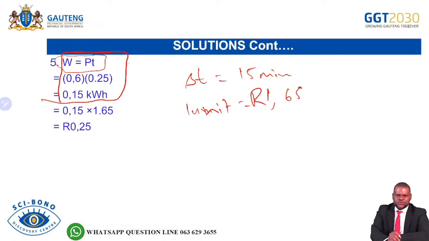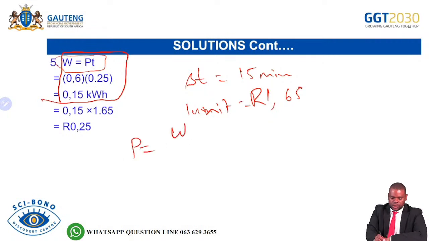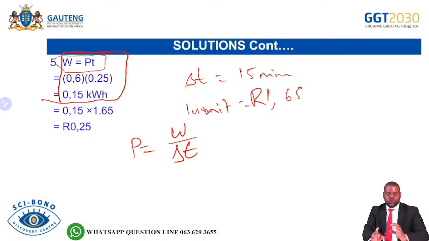Where does this formula come from? I don't prefer writing this formula like this. Are we together, grade 12? I want it as P is equal to W divided by change in T. Can you see? And then you write it as it is from the exam guideline or from the formula sheet. We don't take shortcuts because that's why you lose marks.